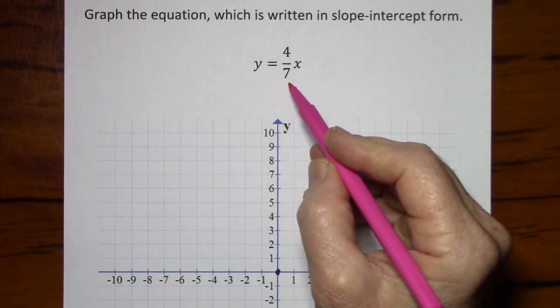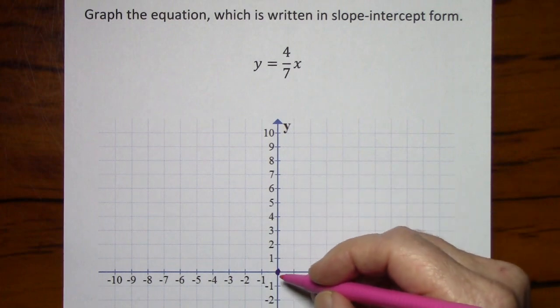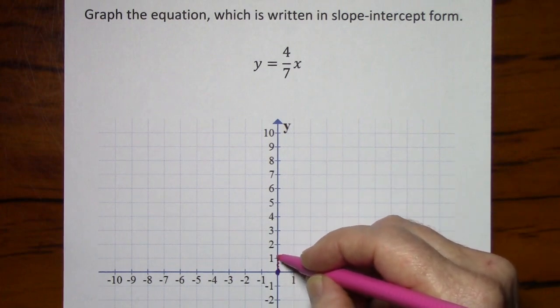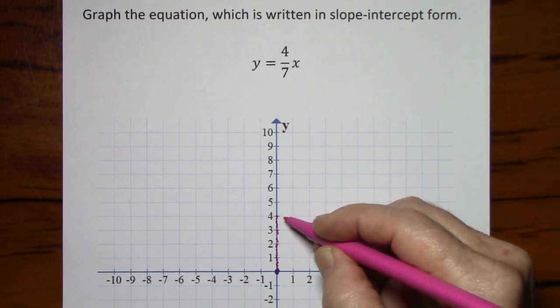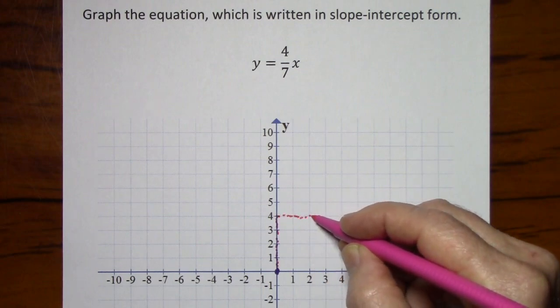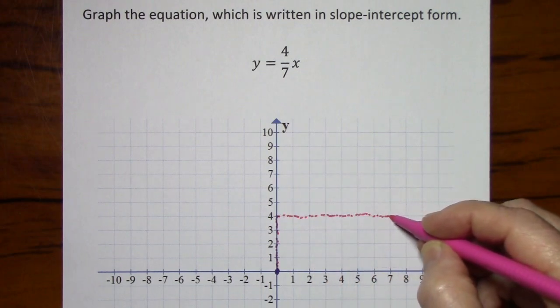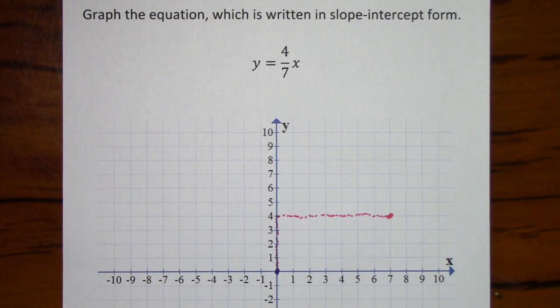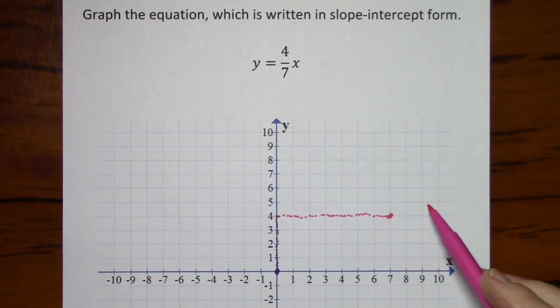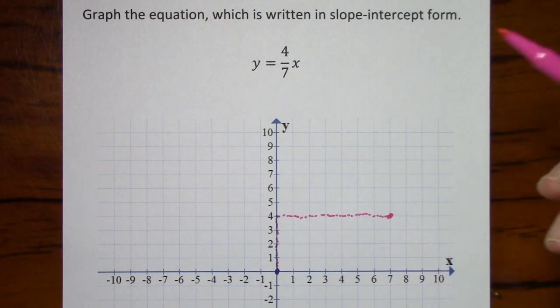The slope is 4/7. That's up 4 over 7. Put a dot. You have two ordered pairs. You could draw the line, and that would represent all the solutions to our equation.